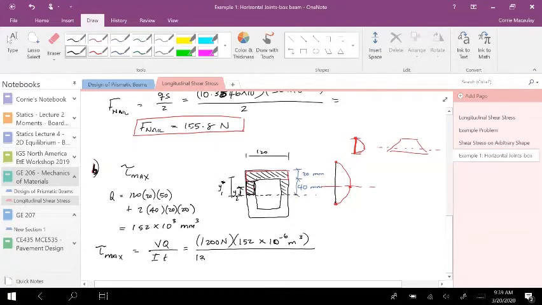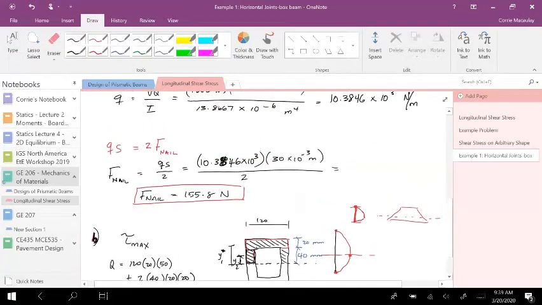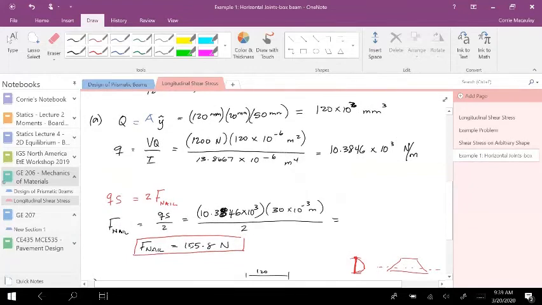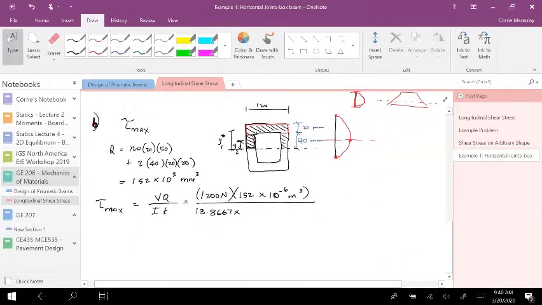And I stays the same, 13.8667 times 10 to the minus 6 meters to the 4.